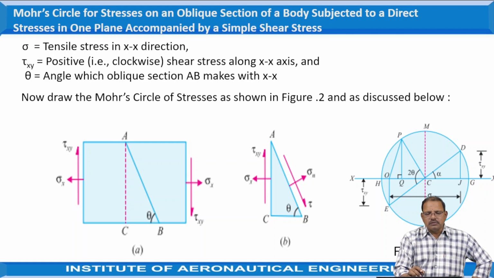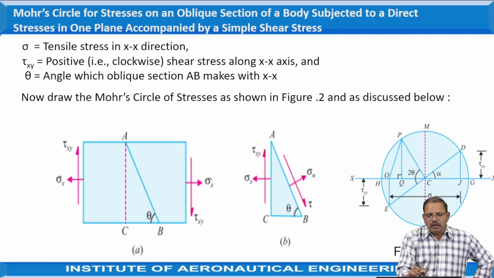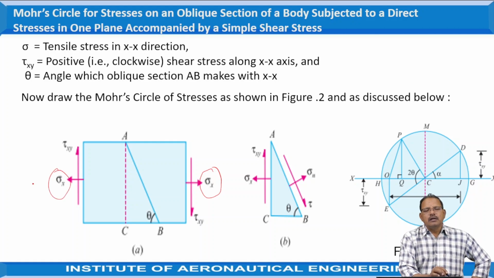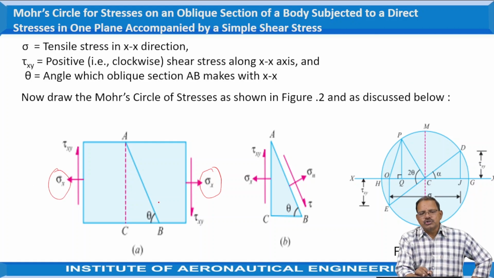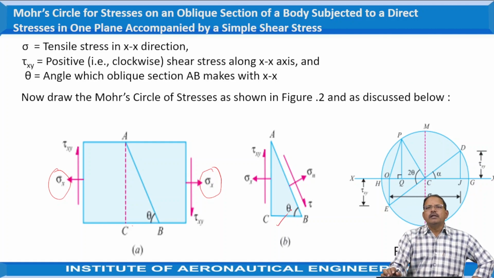It is subjected to a direct stress sigma x in one plane, accompanied by shear stress tau xy as shown in the figure. We find the stresses acting on the oblique plane ABC, which is also called the wedge shaped plane ABC.